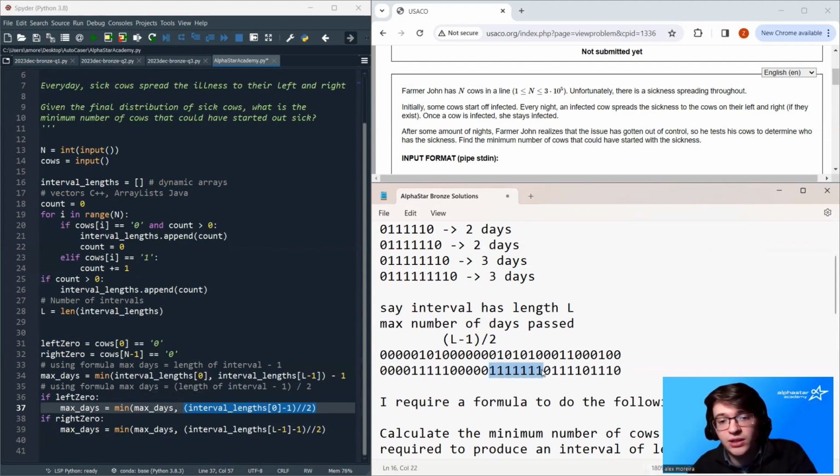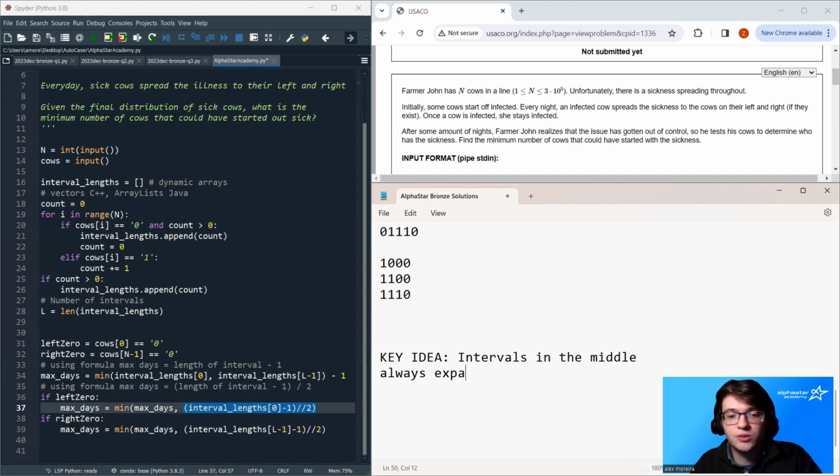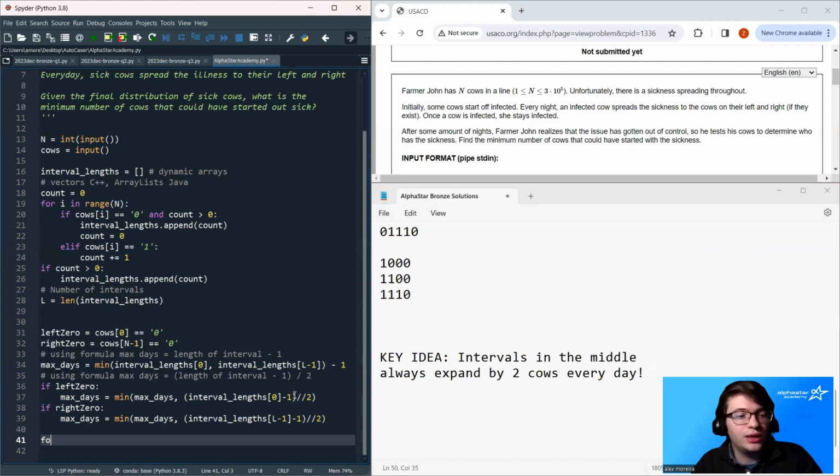If you're in the middle, you're always growing by 2 every single day. So key idea, intervals in the middle always expand by 2 cows every day. It's a rule.